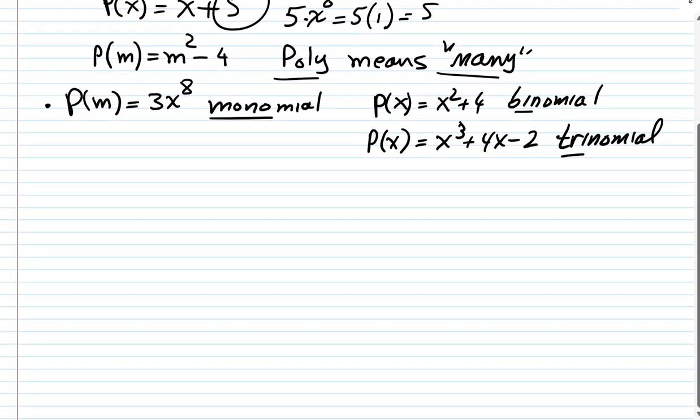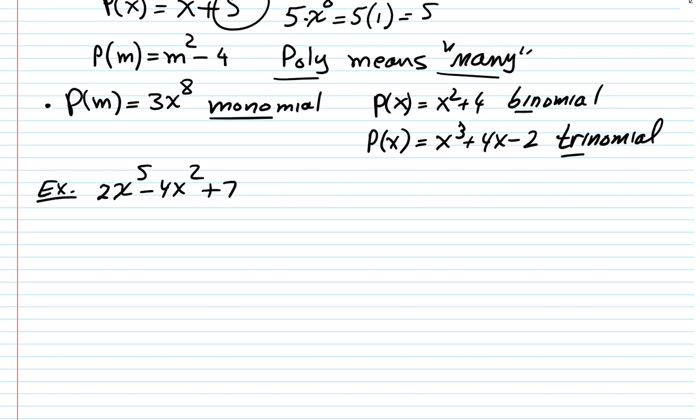Now, as far as the term is concerned, let me make up an example. Let's say the expression that I have is a polynomial in x. Suppose it's 2x to the 5th minus 4x squared plus 7. Now every term of the polynomial has what we call a degree.